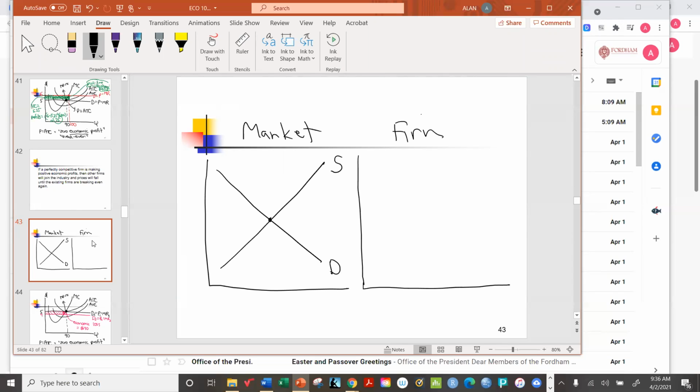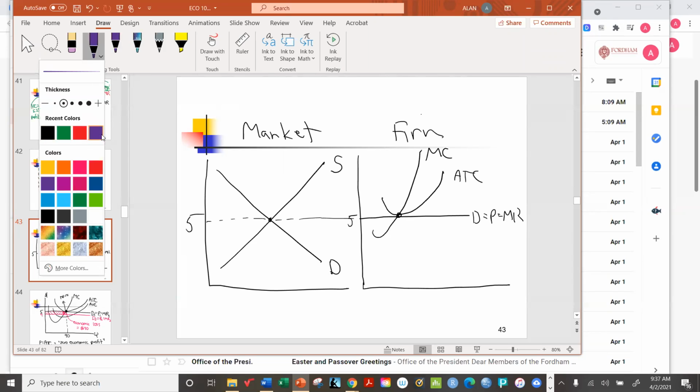And so initially we're at $5. And we were breaking even. Then when the price went up to 6, we were happy for a while because suddenly we're making profits.